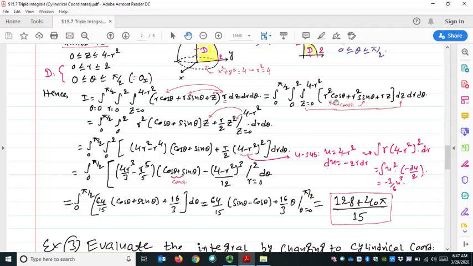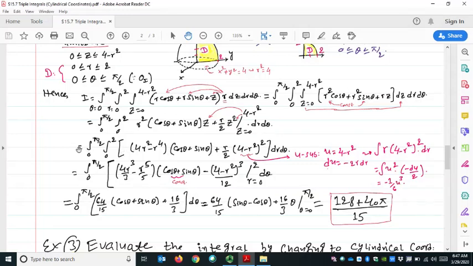Keep in mind r square cosine theta plus r square sine theta is constant for the z integral. So r square times cosine theta plus sine theta is constant, so its integral with respect to z is simply constant times z, plus the integral of rz becomes r z square over 2, and put z limits, z equals 0 to 4 minus r square, times dr d theta.